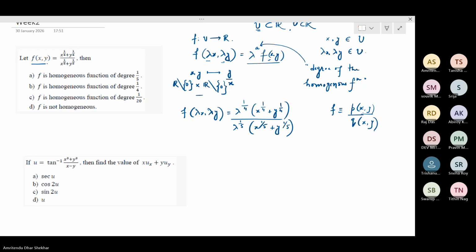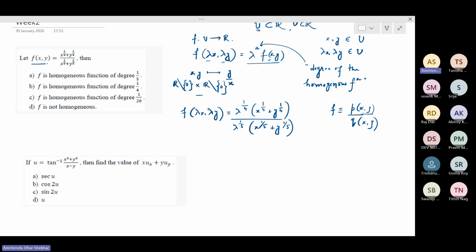If you take the quotient of two homogeneous functions, that is also going to be a homogeneous function. You get lambda to the power a, and for another function lambda to the power b, then the degree would be a minus b.